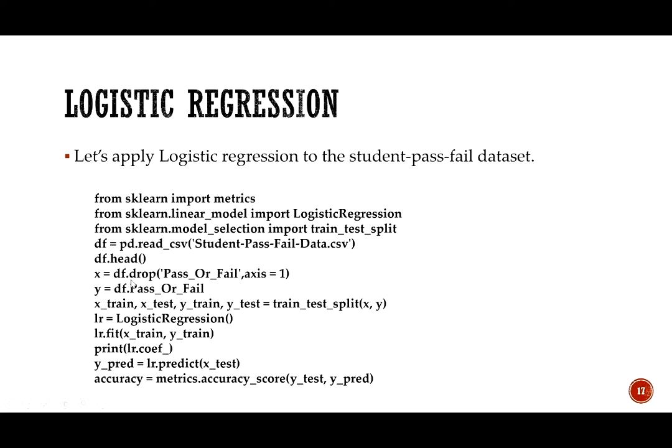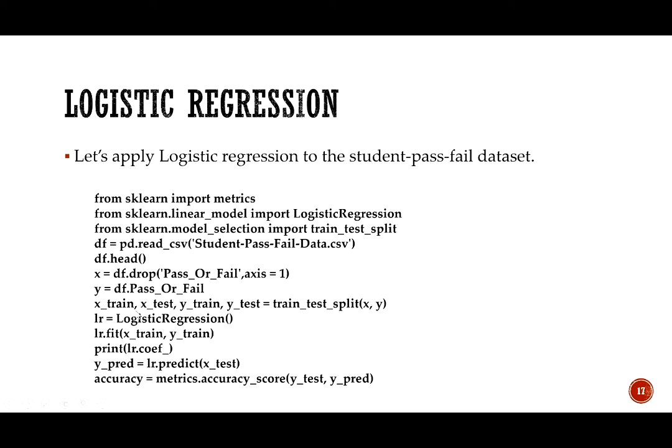Now we want to differentiate between independent variables and the response variable. So we can use the drop method on the original data frame and drop the pass or fail column. So everything else would be the independent variables or features. And then the last column, pass or fail, we will assign to the y variable, which is the response variable.